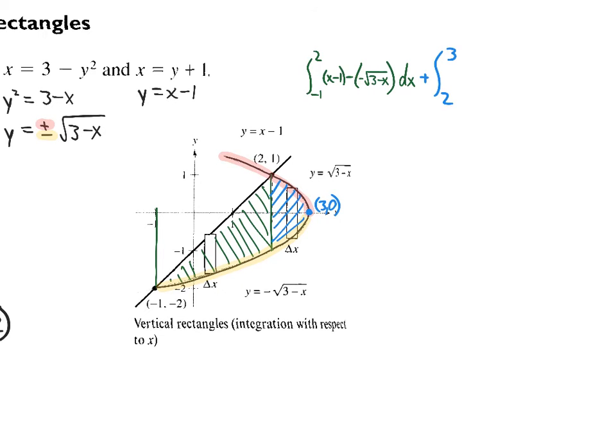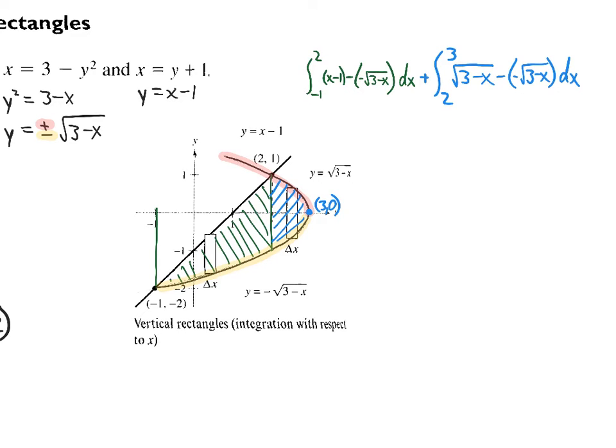But notice what I'm doing. I would have to subtract the square root of 3 minus x, that's the positive, minus, on the bottom I have the negative square root of 3 minus x dx.